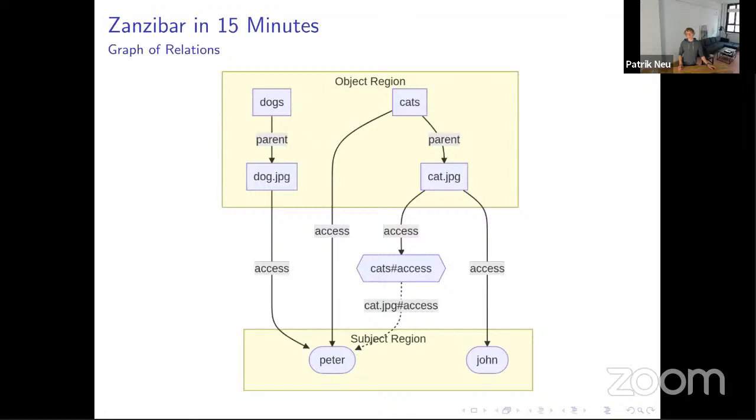We can also see that the subject set, everyone who has access to cats has access to cat.jpg, is also encoded in this graph. And then you see this dotted line, which is what you resolve the cat's access subject set to, which is in fact Peter, because Peter has access to the cat's directory.